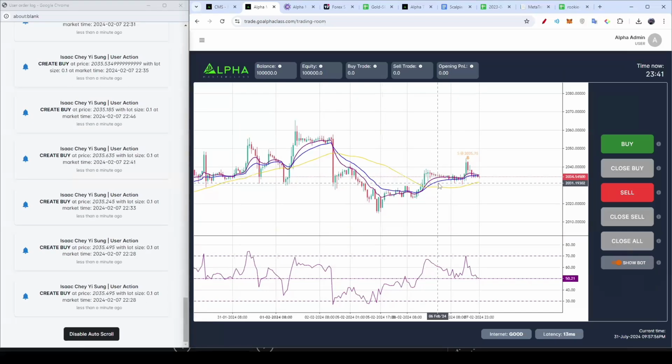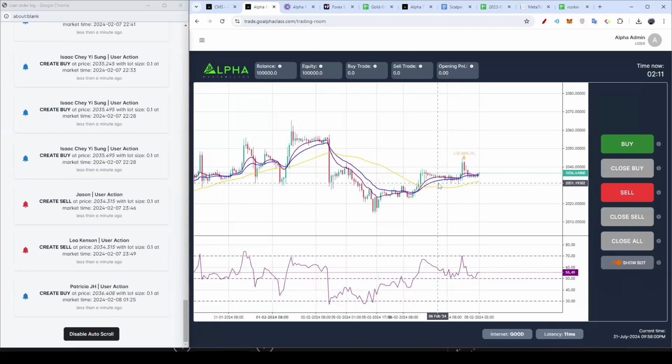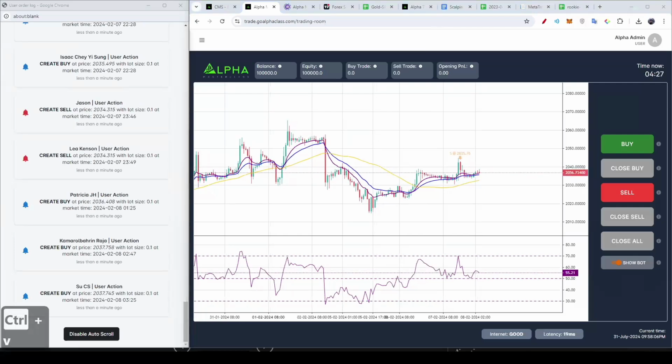Isaac buying. Jason selling. Above yellow, I buy.